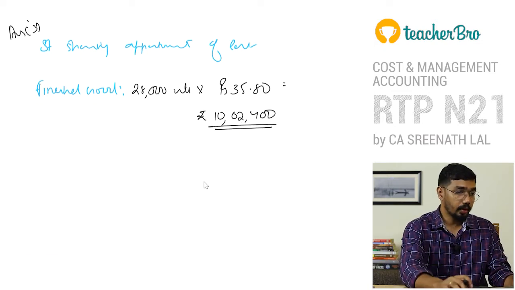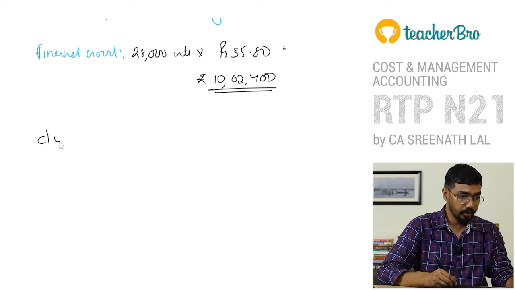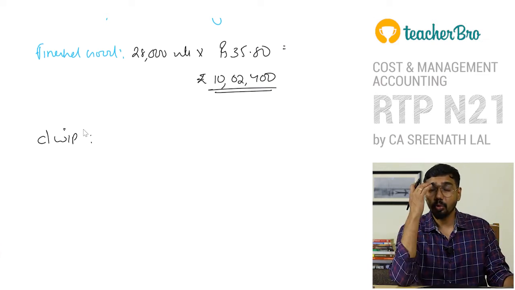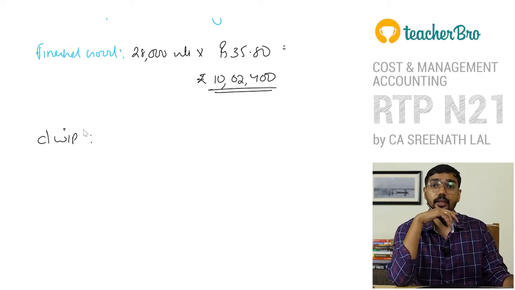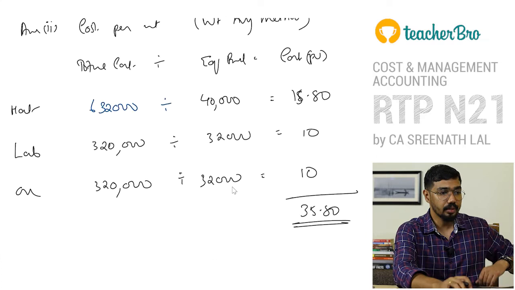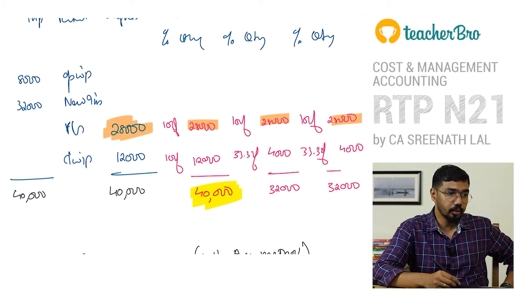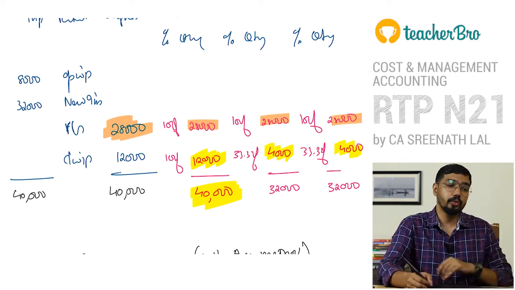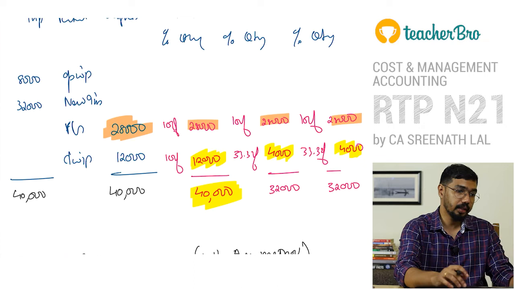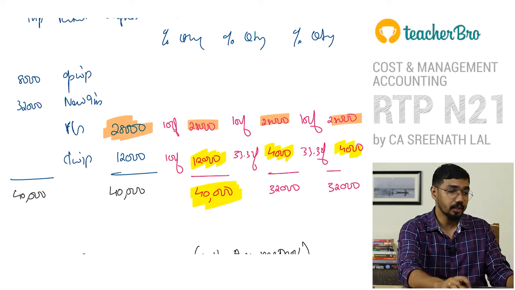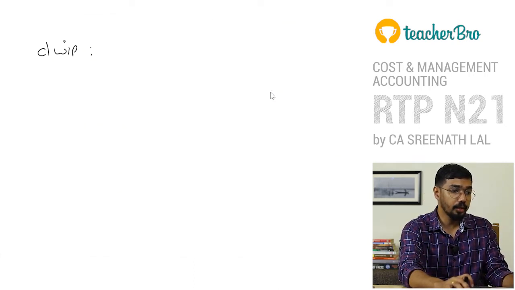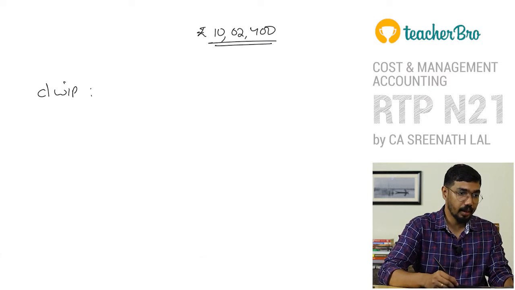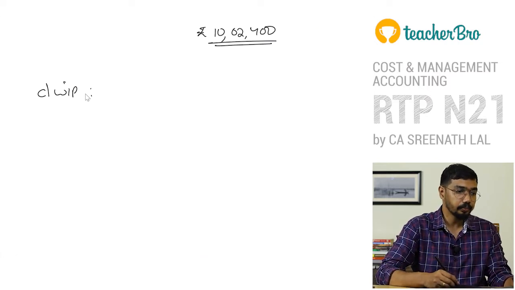Then I am going to value closing WAP. But closing WAP I cannot value it in this manner. Why? Because the completion percentage is different, right? For closing WAP, equivalent production is 12,000 for material, 4,000 and 4,000 for labor and overheads. So since the completion percentage is different, I'll have to value closing WAP in another manner. How I am going to value?